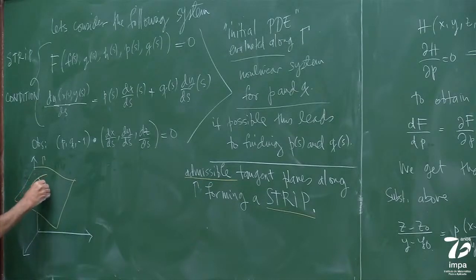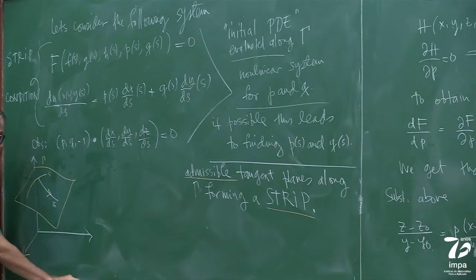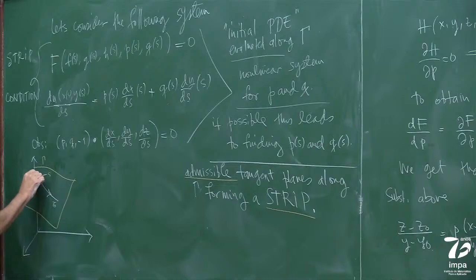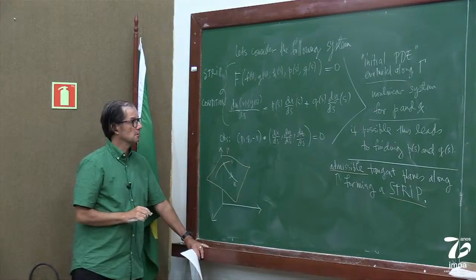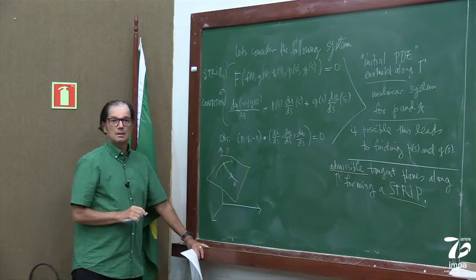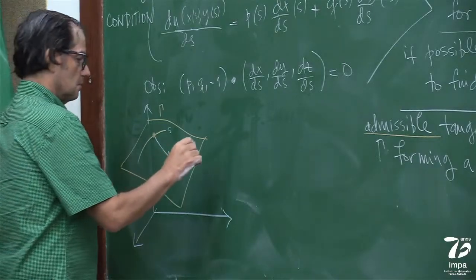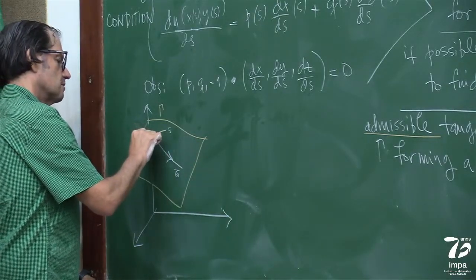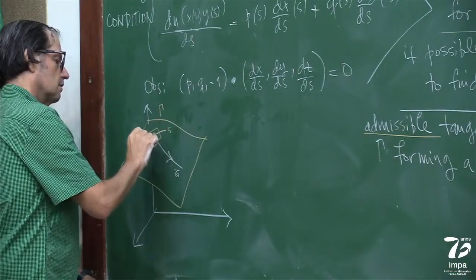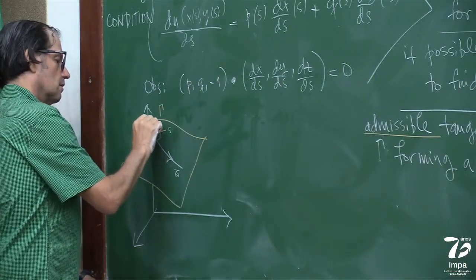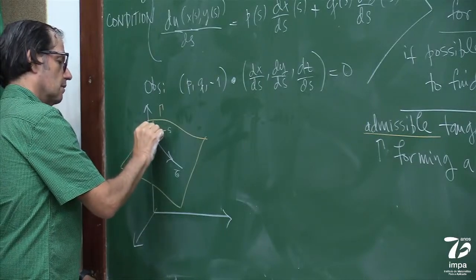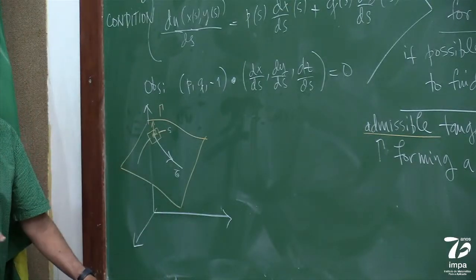Eventually, we're going to have here the characteristic. So this is in the direction tau. This is in the direction s. This is my point for a certain s. And once I have P of S and Q of S, I have a normal here.